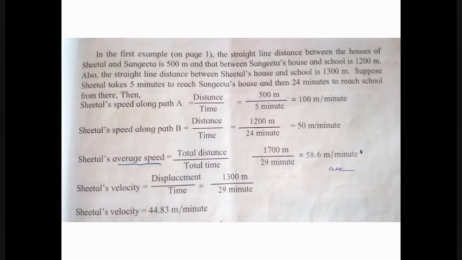And Sheetal's average speed becomes now 58.6 meter per minute, while the distance is travelled in two different directions.